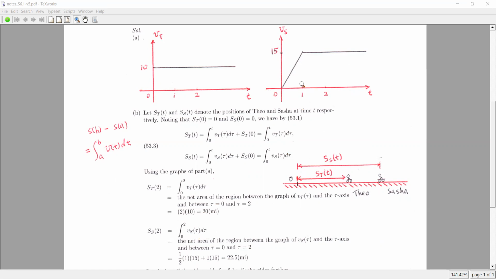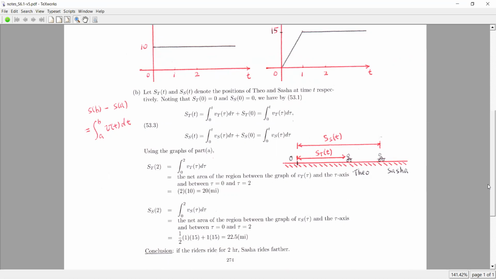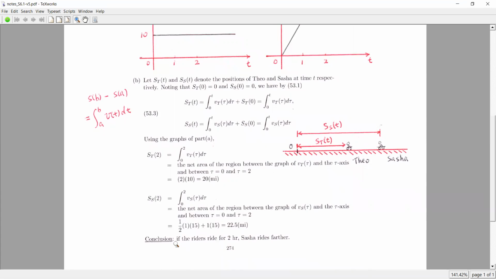This region is a triangle plus a rectangle. The area of this region is 22.5. So after 2 hours, Sasha's position is 22.5 miles from the origin. Conclusion. If the riders ride for 2 hours, Sasha rides farther.